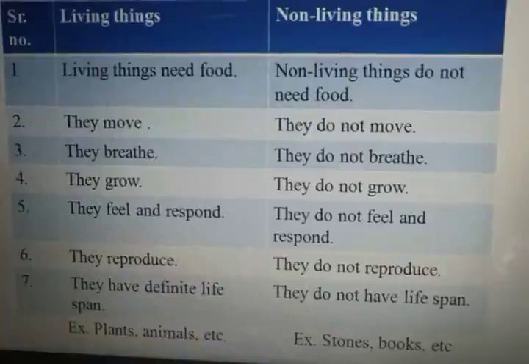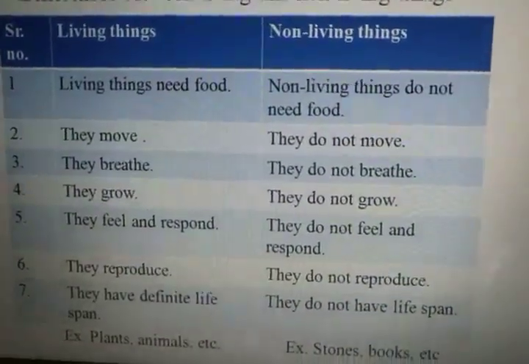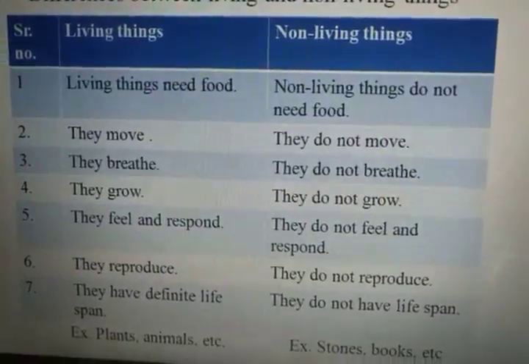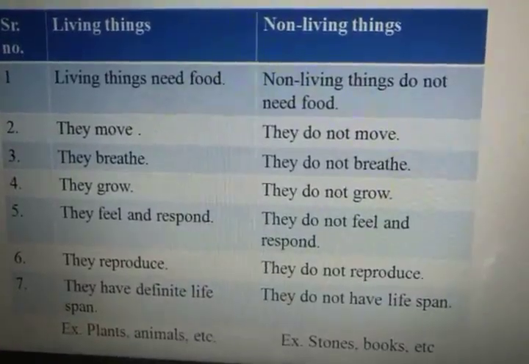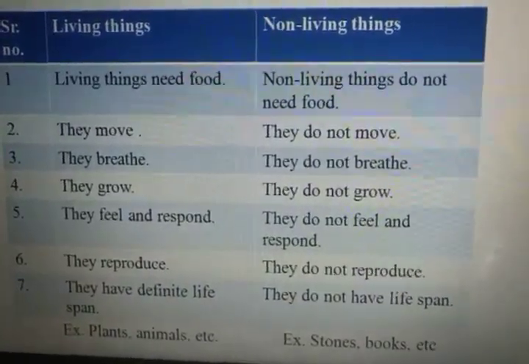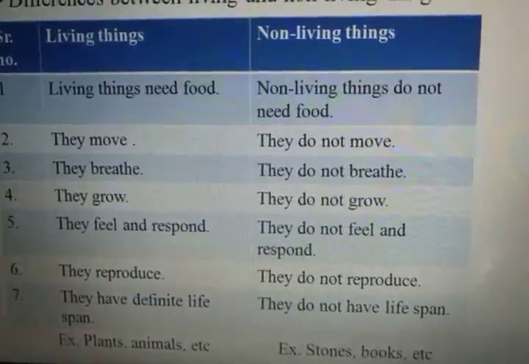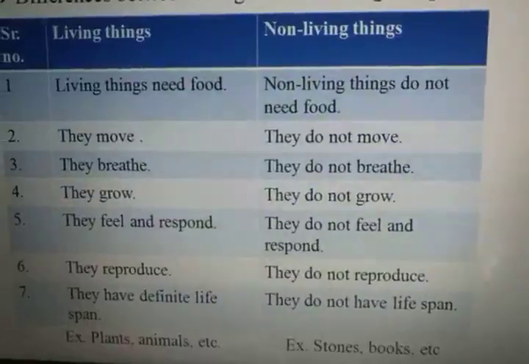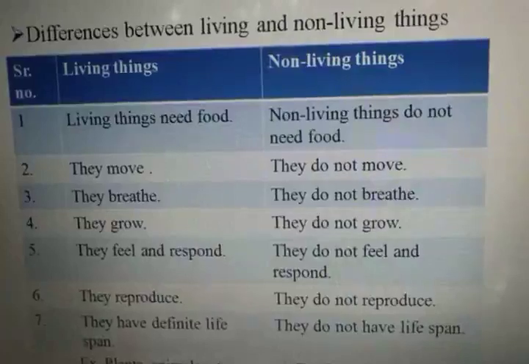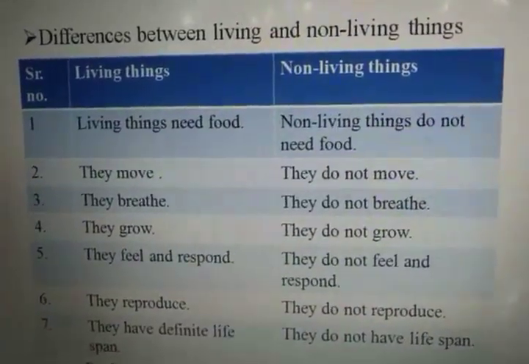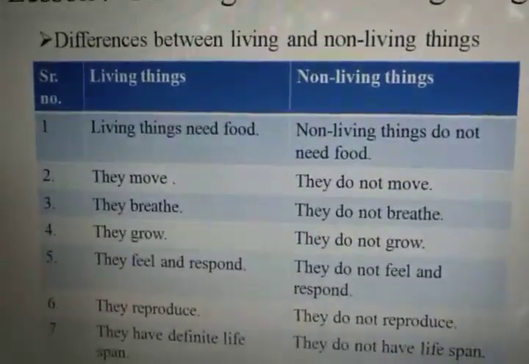Living things reproduce, whereas non-living things do not reproduce. Living things have a definite lifespan, whereas non-living things, as they do not have life, do not have a lifespan. So we will write any 5 differences while writing the answer of the first question.